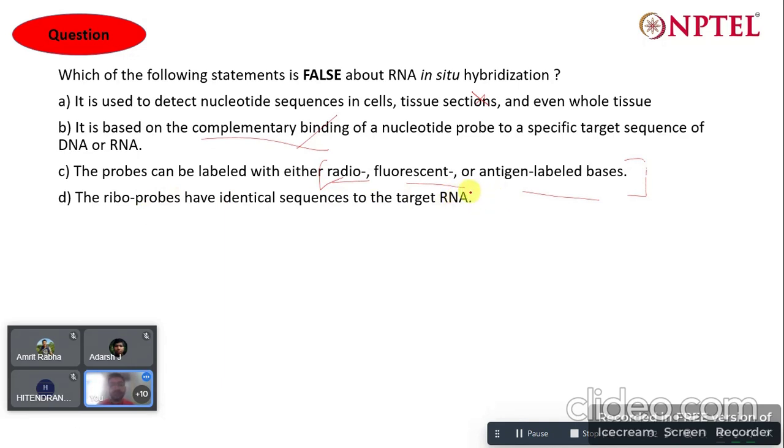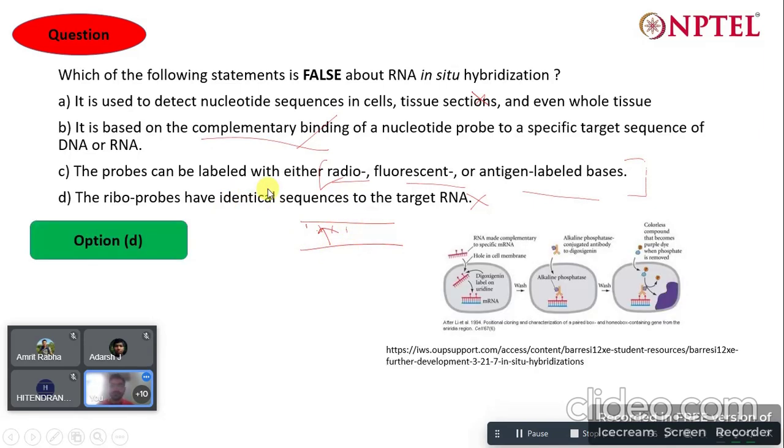This option is false, because if we have to hybridize anything, like this nucleotide sequence, and we have to find this sequence in a cell, we first have to have the complementary sequence of this. That's how it will bind to this sequence. So option D is false.